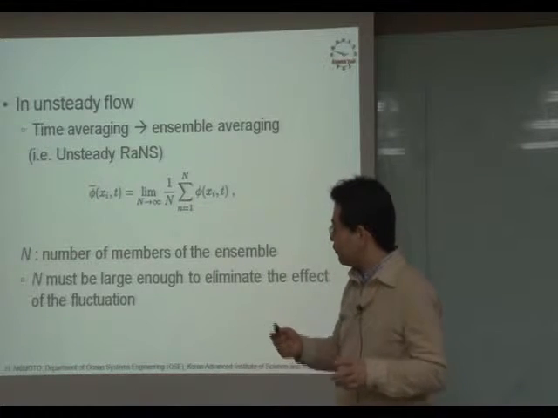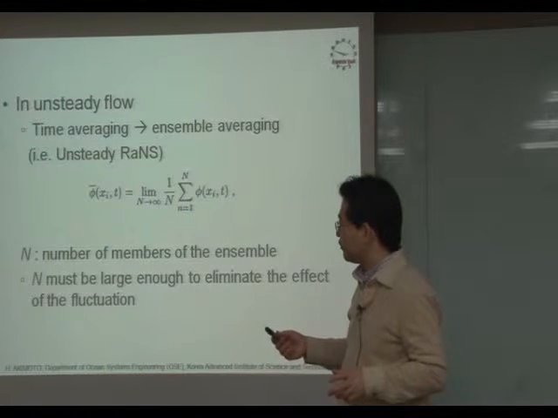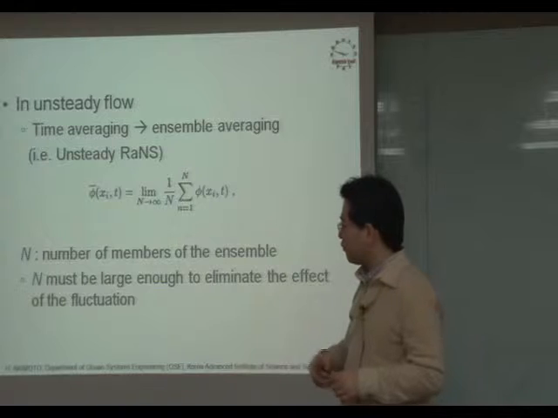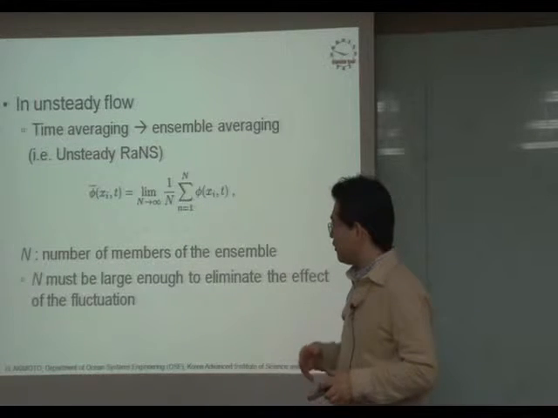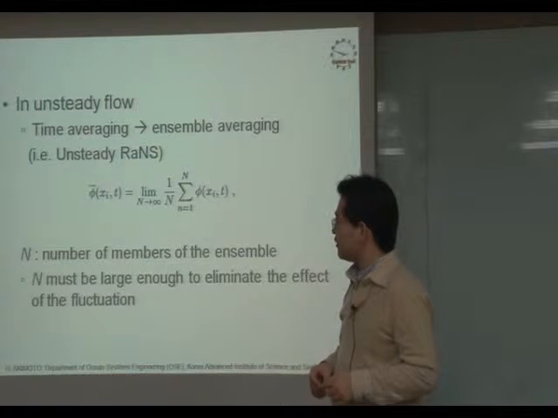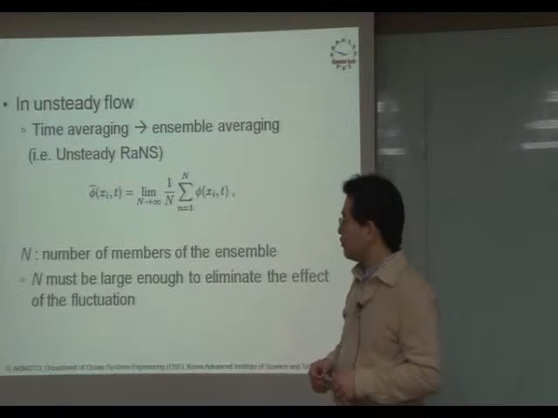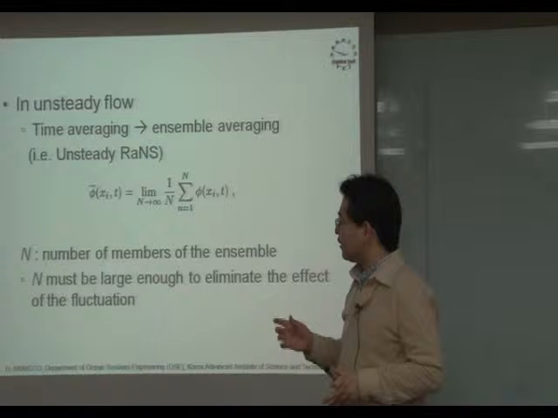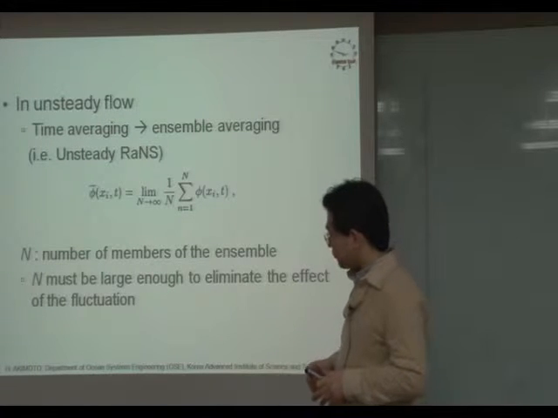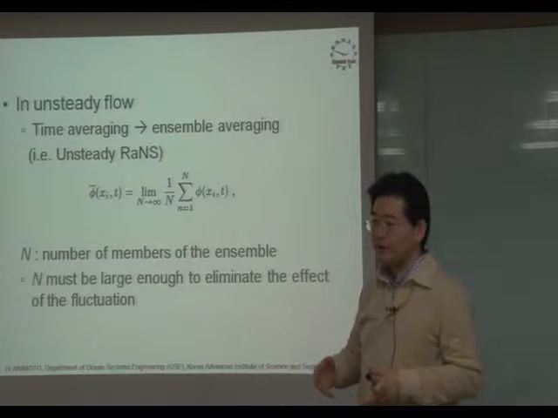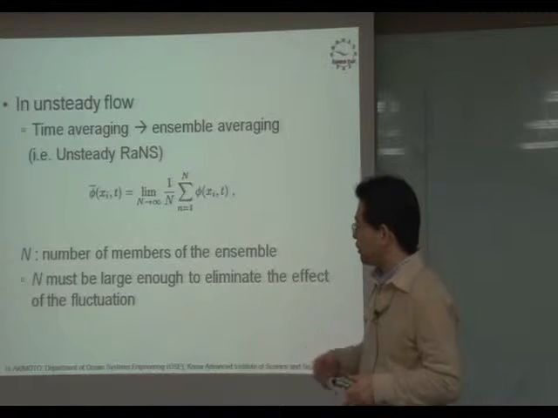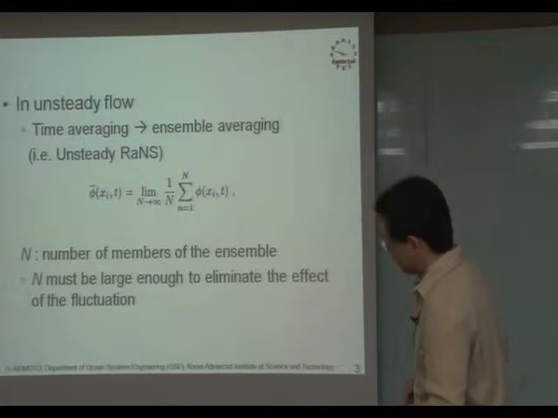But if it is too large, it will hide all the motion of the flow. So it is not reasonable. So we have to consider the specific length of averaging when we consider the simulation result.